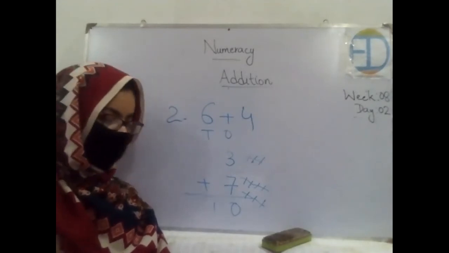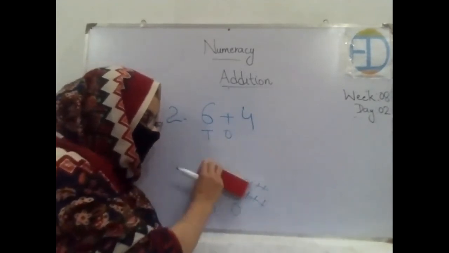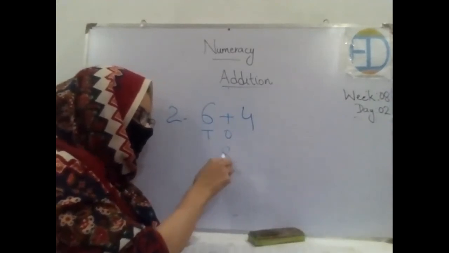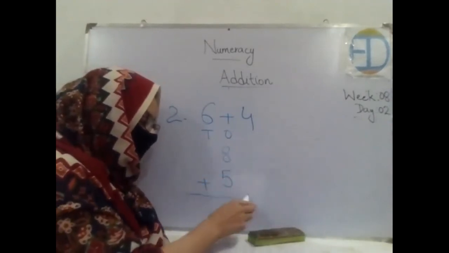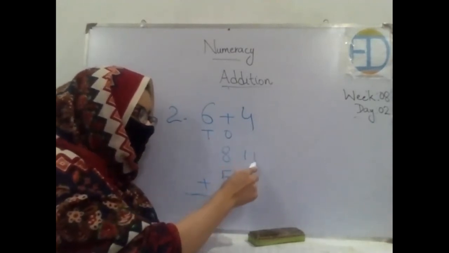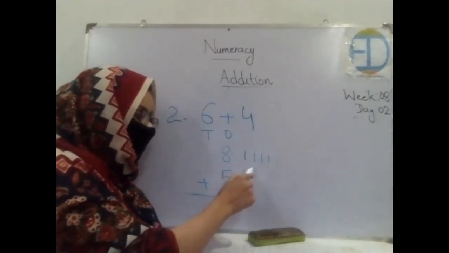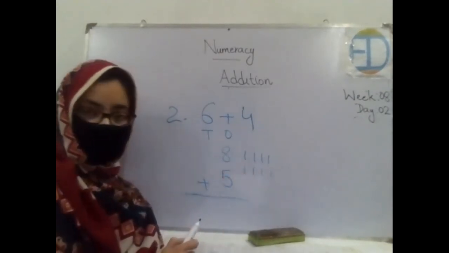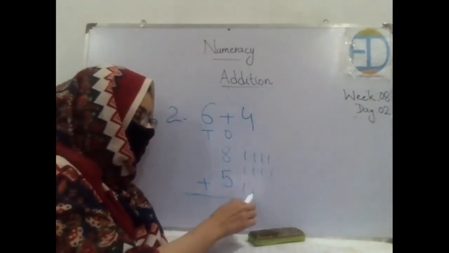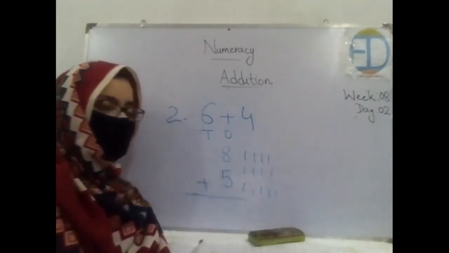Okay. Now let's do the next one. 8 plus 5. Let's draw the lines. 1, 2, 3, 4, 5, 6, 7, 8. Okay. And the next digit is 1, 2, 3, 4, 5.